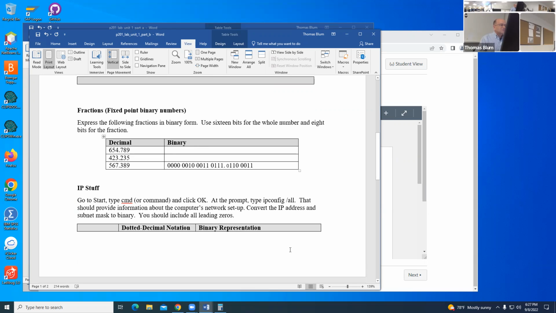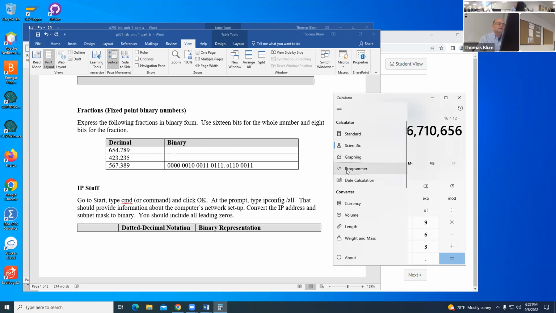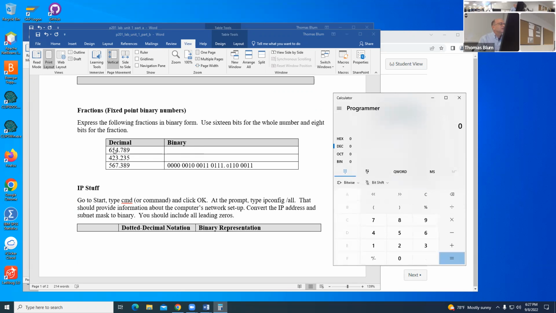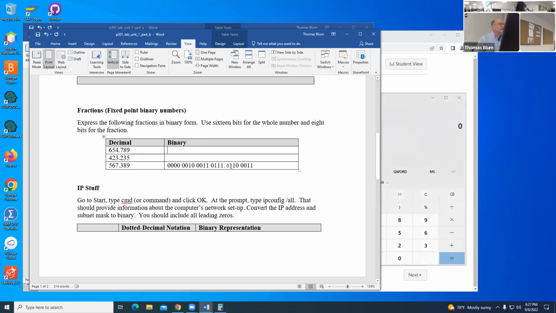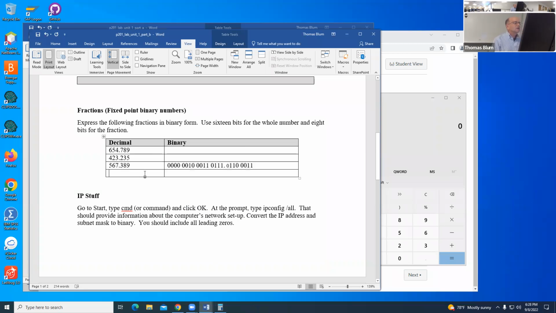So for the whole number part, let me go back to programmer. Let me make up a completely different one. Insert row below.